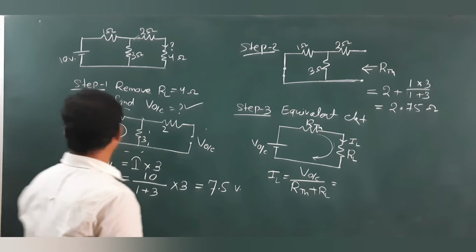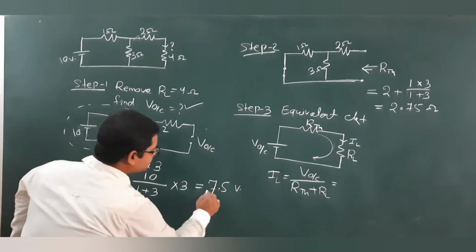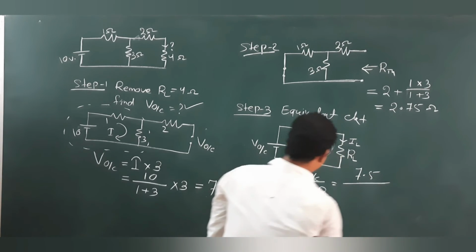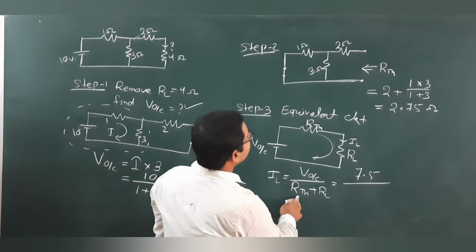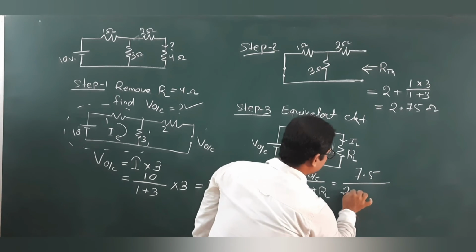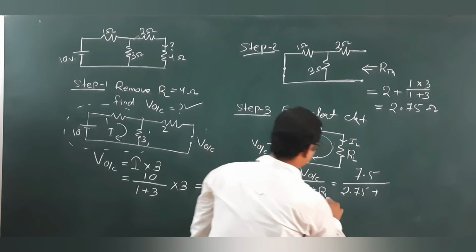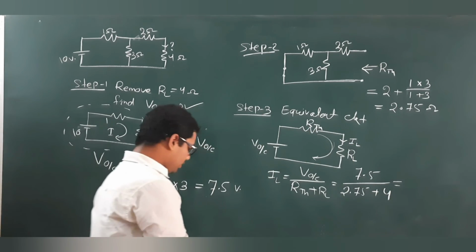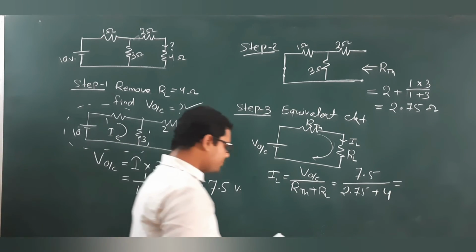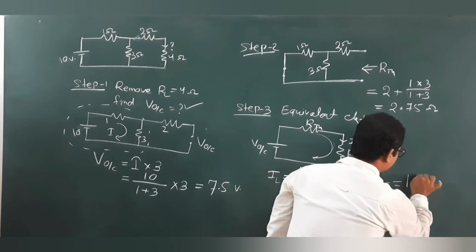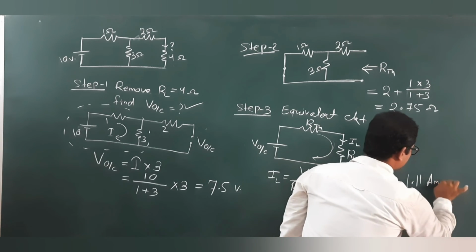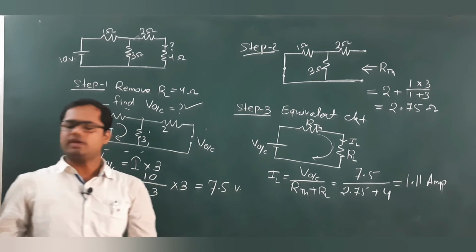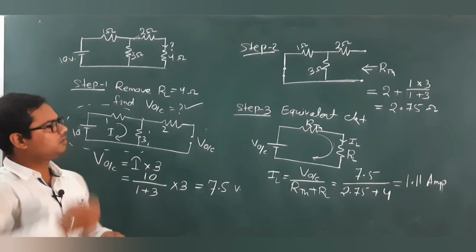Put the value of VOC from step number 1, it is 7.5, upon RTH from step number 2, 2.75, plus the RL value given here, 4. If you solve this, the value will be 1.11 ampere. Okay, in this way you can solve the problem.